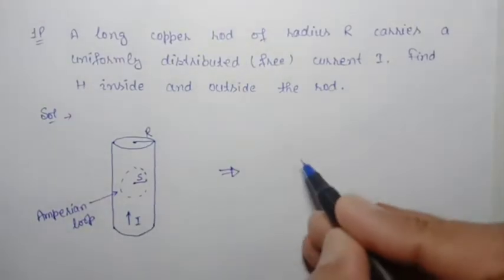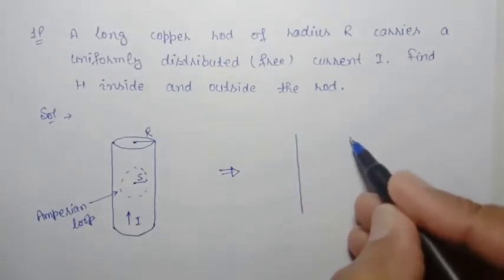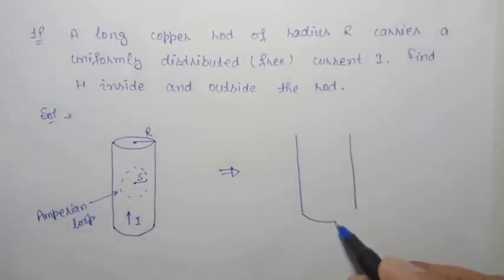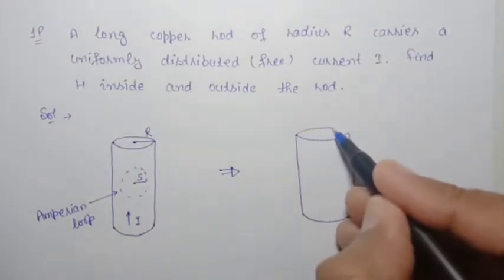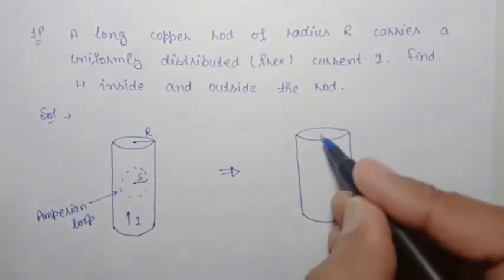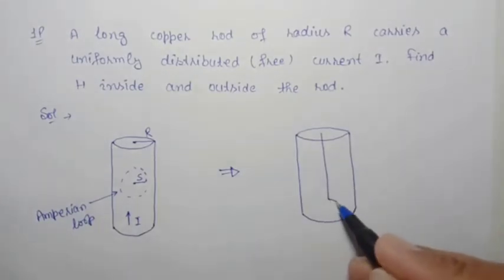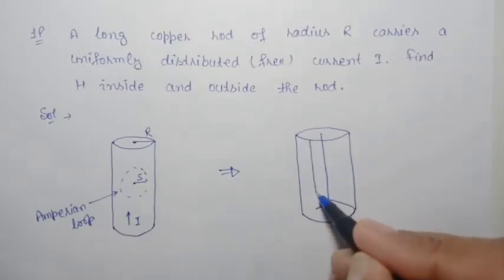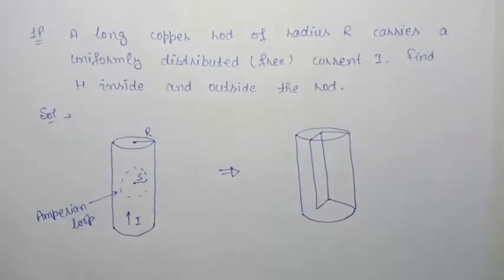Now to understand this, we will draw a laboratory picture. According to this, this is a copper rod, and this is a laboratory picture.